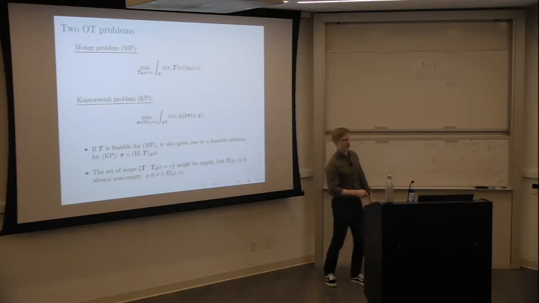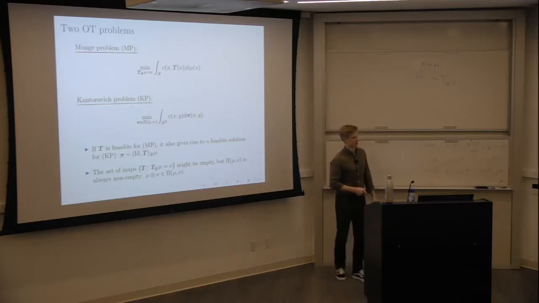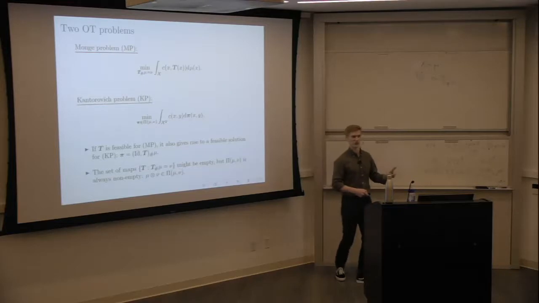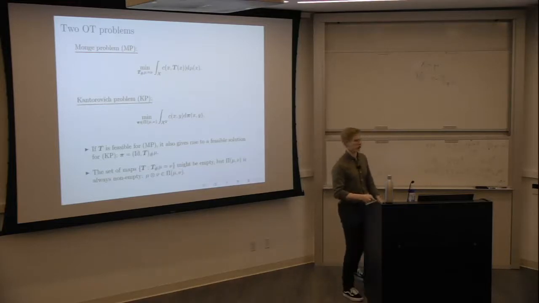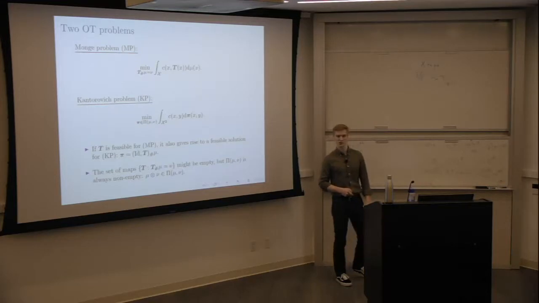Well, I'll show you a picture of what this might look like in a second. And we also said that the set of maps that achieve the transport between mu and nu might be empty. Remember, that's what we discussed on the second slide when we discussed the Monge problem. There might be no map that achieves the transportation between two distributions.